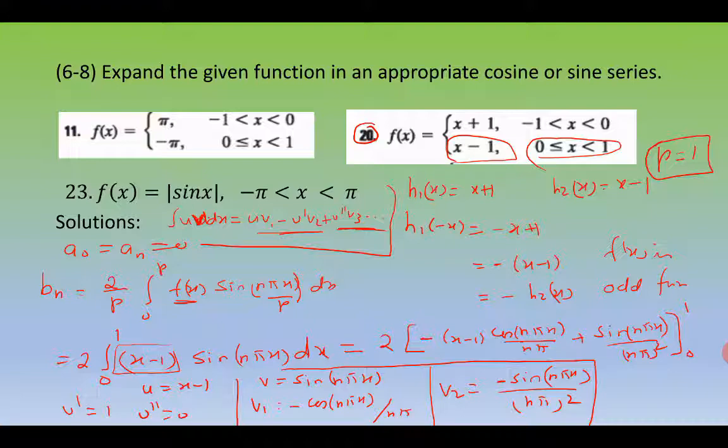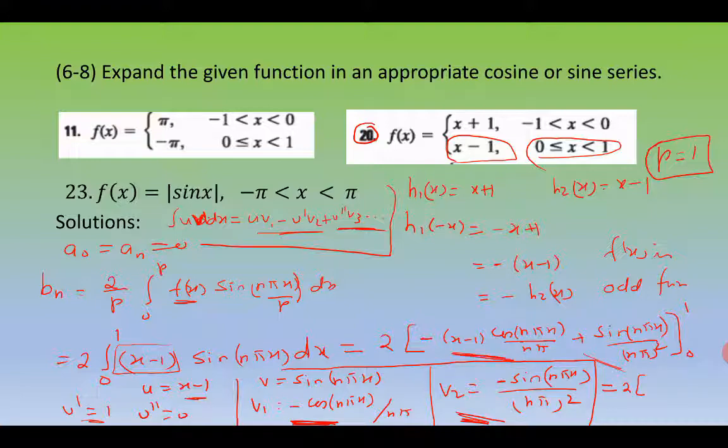So u is x minus 1, v1 has been given here, that's the first term, and u prime is 1 with v2, which is here, minus and minus will be plus. Okay, now substitute upper and lower limit. What do you get when 2 is outside?